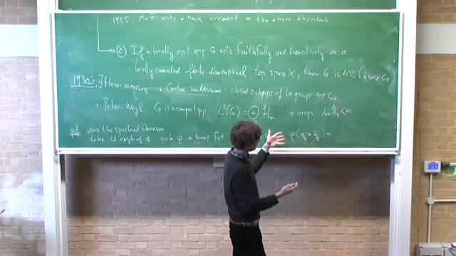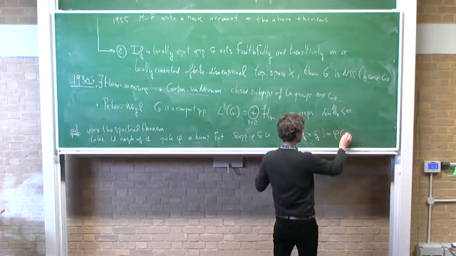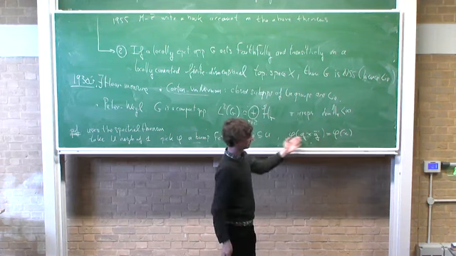You can take a conjugate and average, and this way you can get a function which is conjugation invariant.